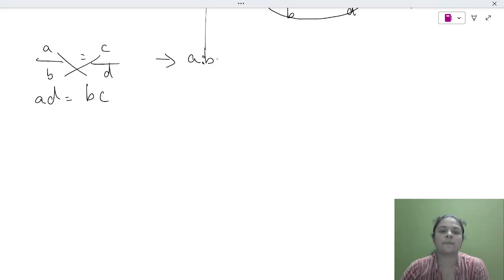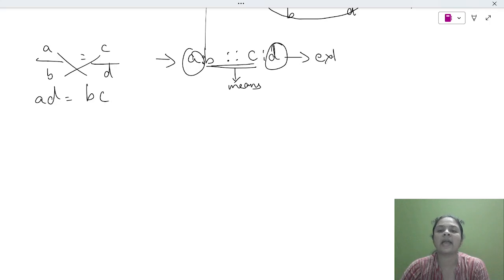A is to B equals C is to D, where the middle terms are called the means and the end terms are called the extremes. Okay?